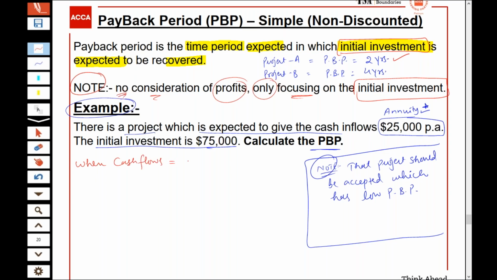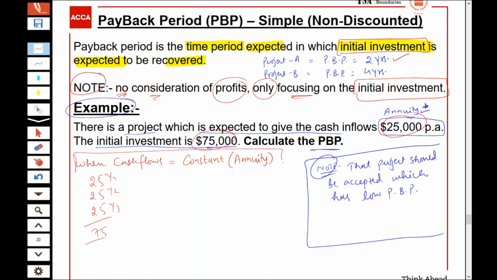When the cash flows are constant, annuity, imagine my investment is 75,000 and every year I am receiving 25,000. So 25, 25 and 25 equals 75,000. That means year 1, year 2 and year 3. So the payback period is year 3.